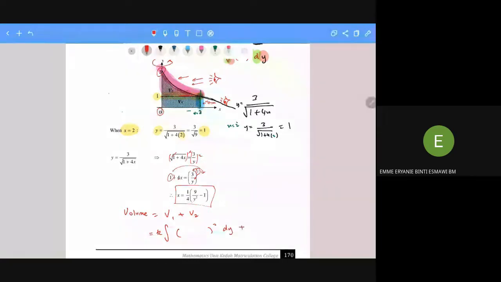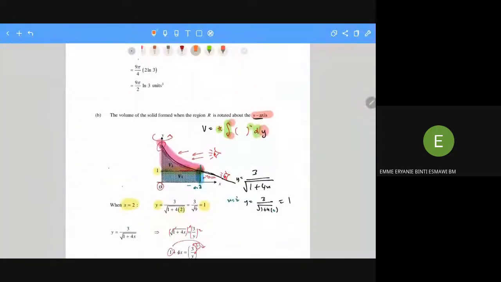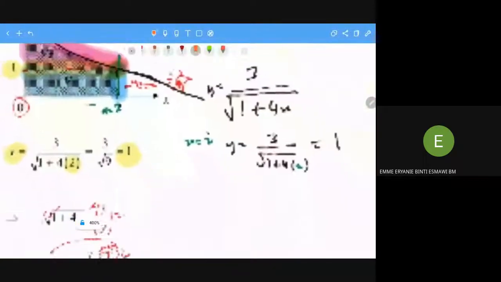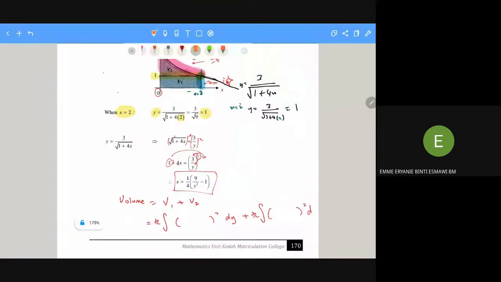And then plus dengan kena ada pi lagi, kena ada integral, kena ada bracket square, and d. Okay, jadi tadi kita dah tahu d dia mesti dy sebab dia kata dah rotate by y axis, okay, so it's dy.